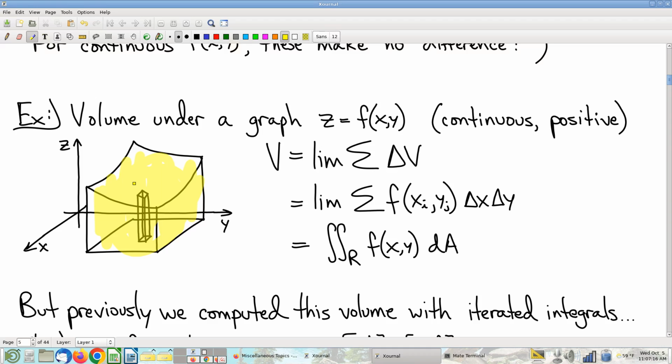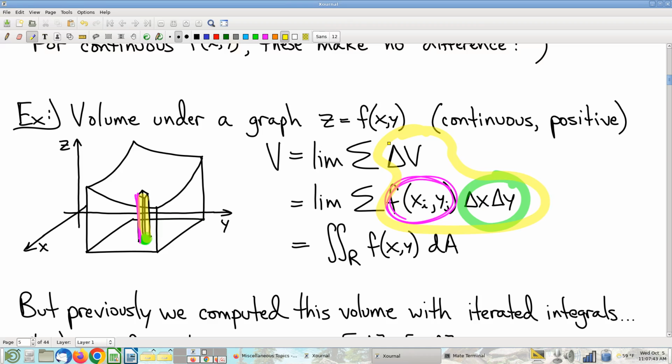That volume I can view as saying, well, let's look at one little piece of area at a time. For each little piece of area, the area times the height gives you the volume of that little piece.